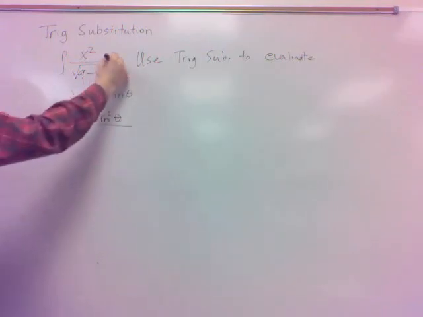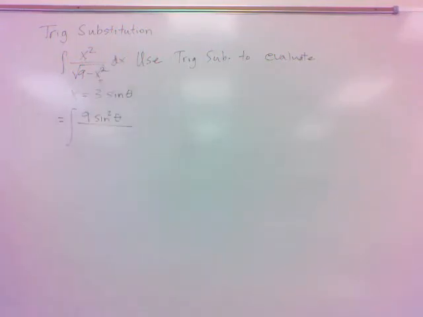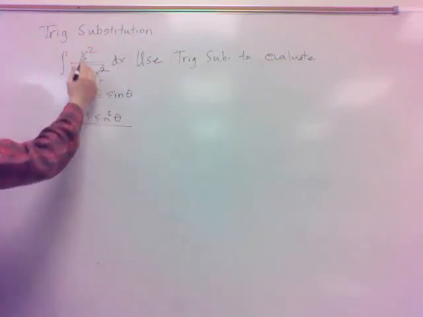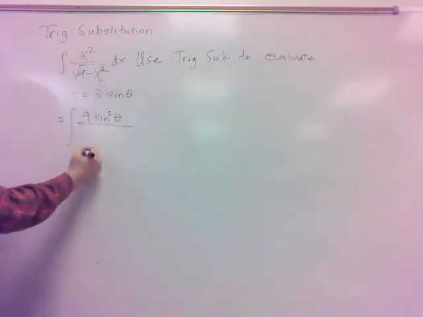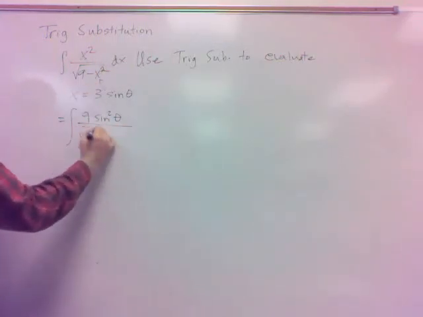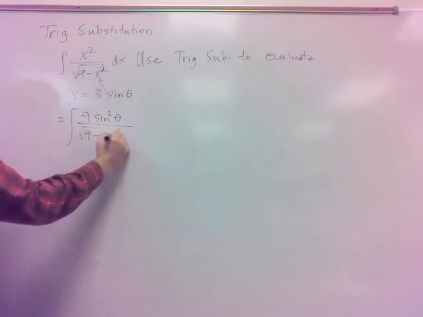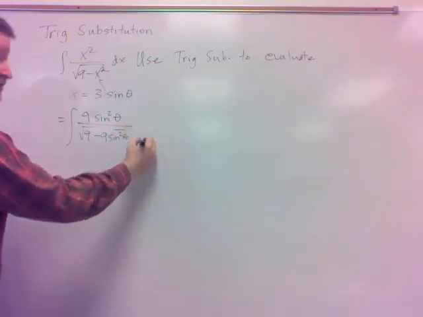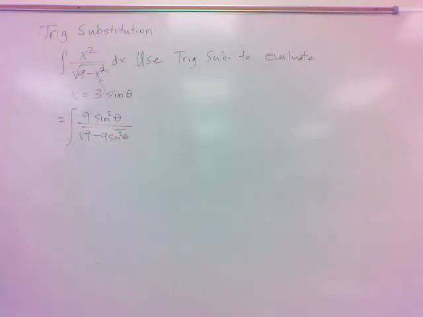Oh, dx. Don't forget dx. Why am I forgetting that today? All right. So x squared is 9 sine squared with me. And then the bottom is the square root of 9 minus 9 sine squared theta. But I'm converting over here to thetas because instead of the antiderivative integral with respect to x, I want to do an integral with respect to theta.